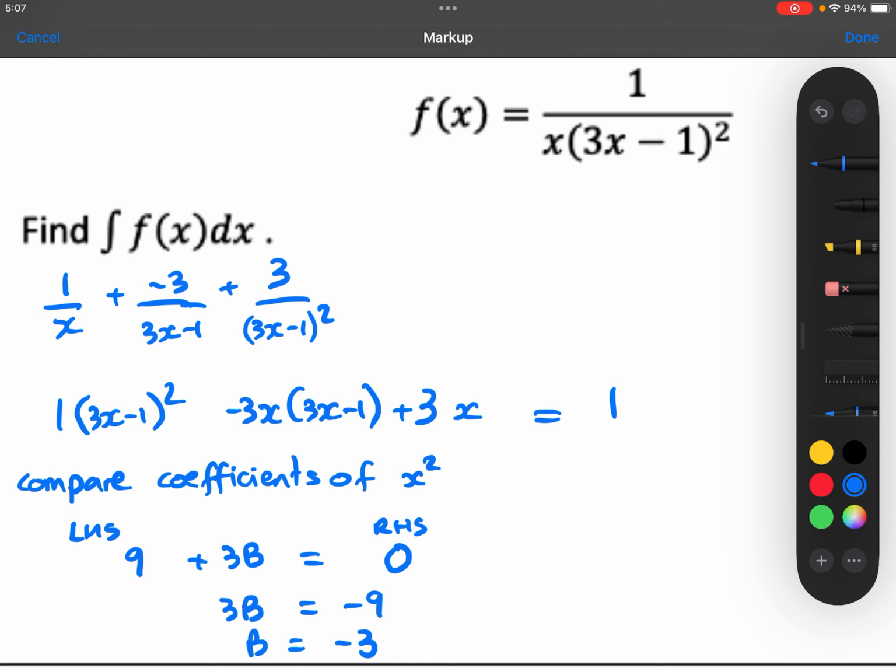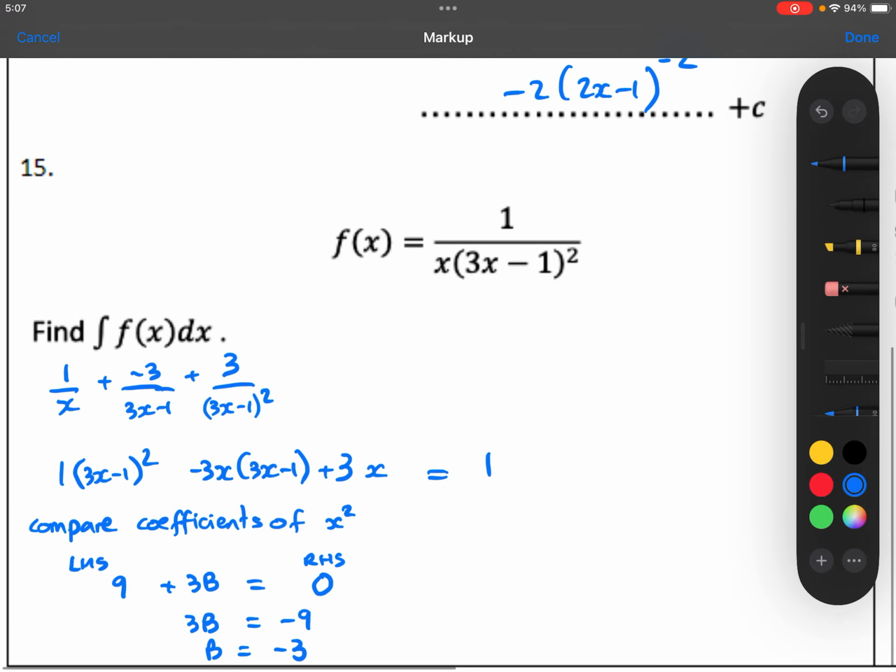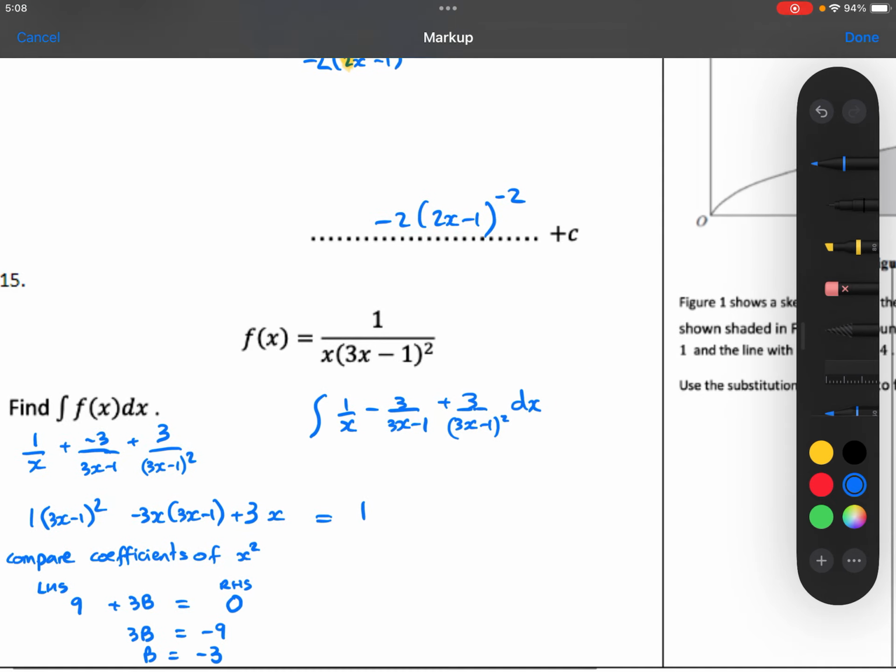So all of that work has allowed me to rewrite f of x as being 1 over x minus 3 over 3x minus 1 plus 3 over 3x minus 1 squared, which is going to allow me to do some integration now. The 1 over x is going to integrate nicely to be ln x.